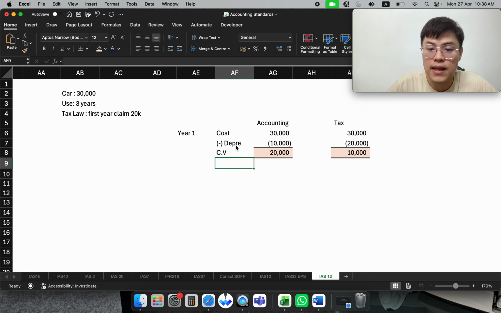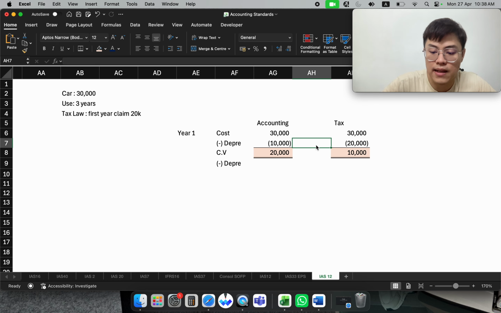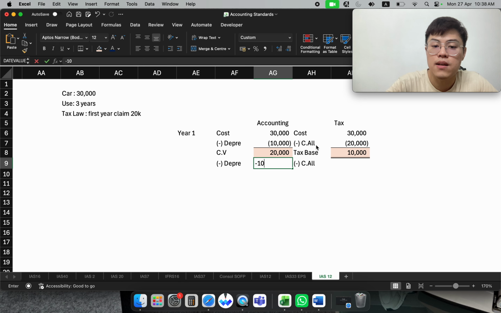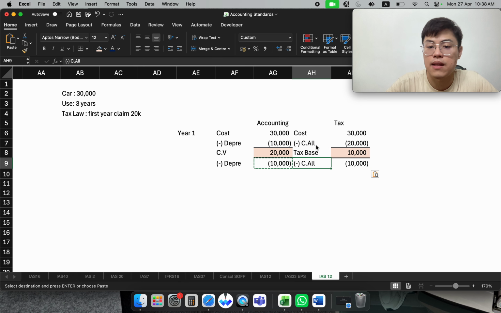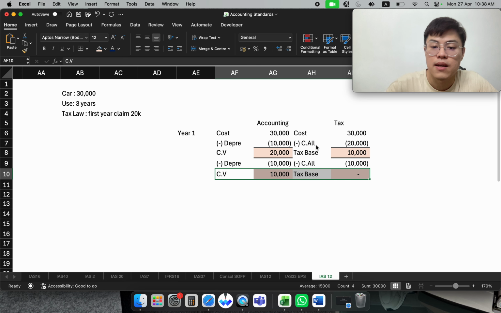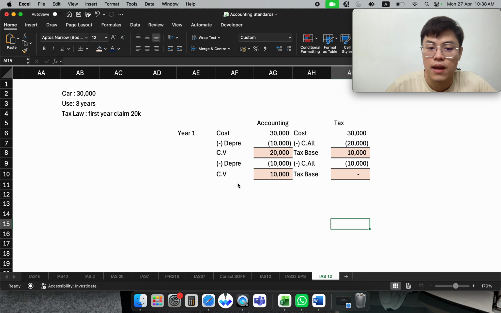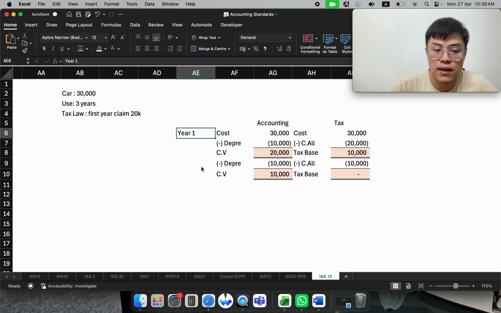Then if you go through the second year, this is the tax base, this is your capital allowance, and this is your cost. Same things, so minus 10,000, minus 10,000. So your carrying value and tax base here are both 10,000, your tax fully claimed. This is year 1, this is year 2.